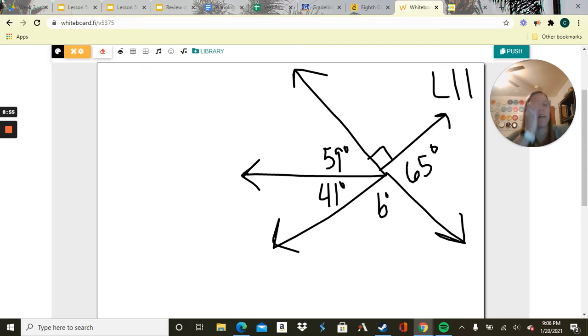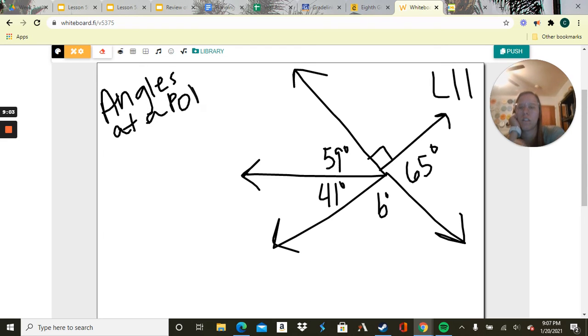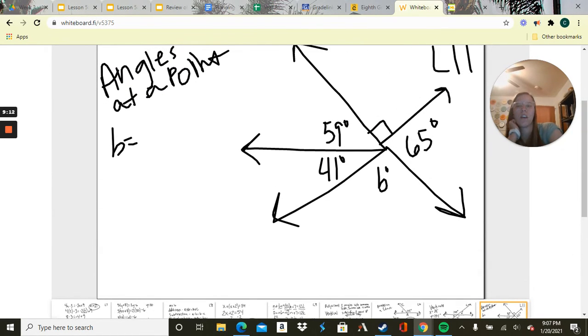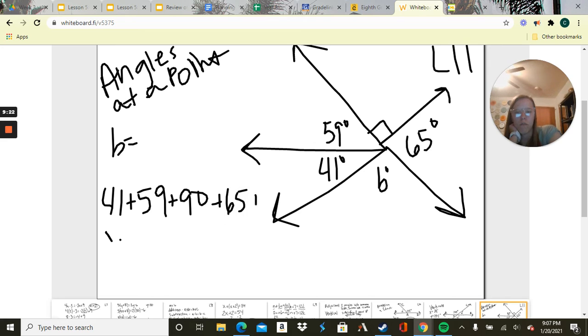Okay, we have one more. So this one we have multiple rays. So this is going to be angles at a point. We only need to find B. So they all add up to 360. So we have 41 plus 59 plus 90, remember again what the square means, plus 65 plus B, all equal 360.